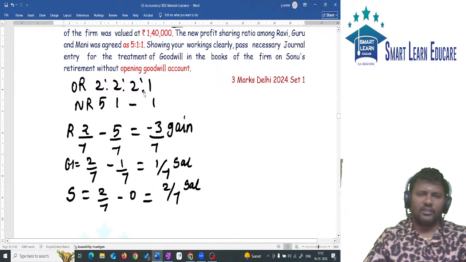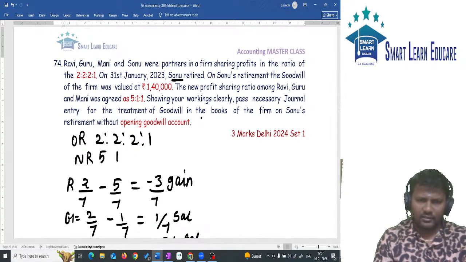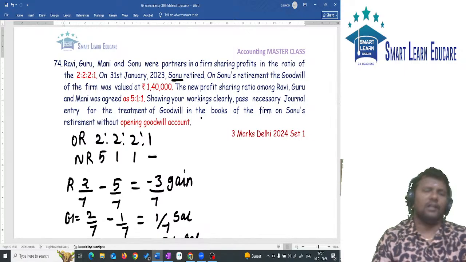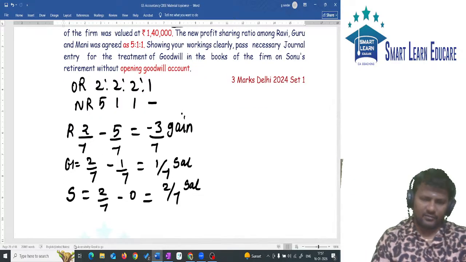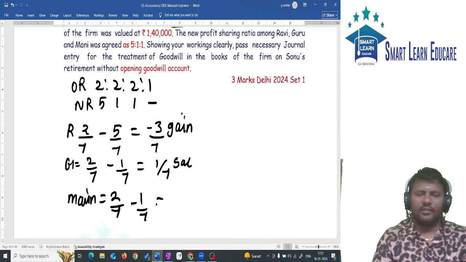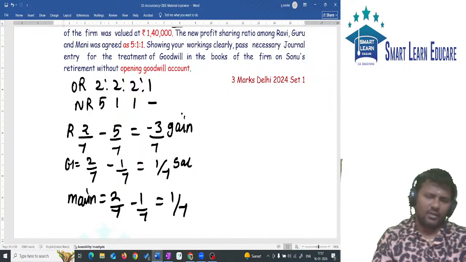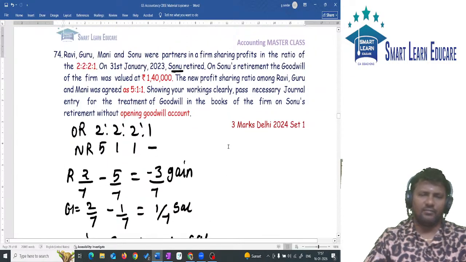Mani's share is 1/7, and S's is nil. So Sonu is the last partner, and before that there is another partner, Mani. So how to calculate for Mani? 2/7 minus 1/7 is equal to 1/7. Again answer in plus, so that partner is sacrificing.